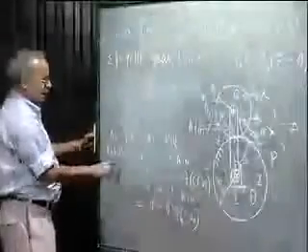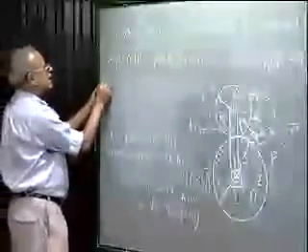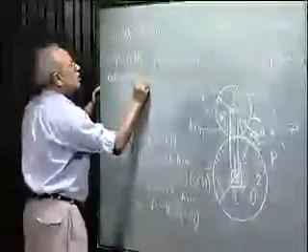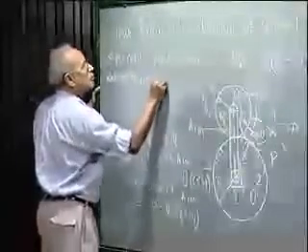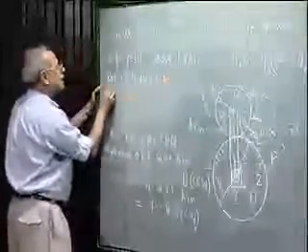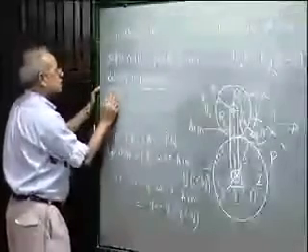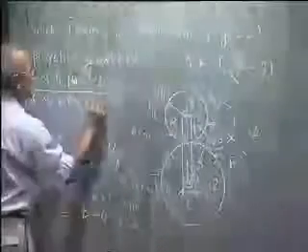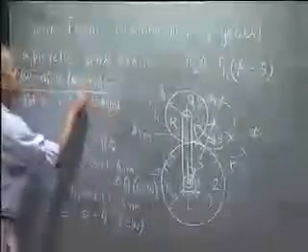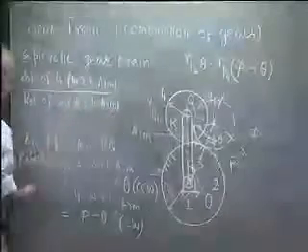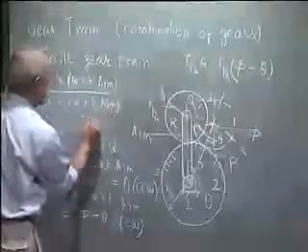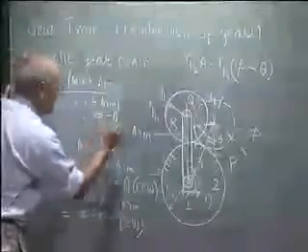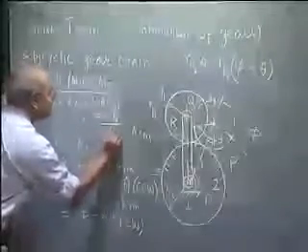So if I divide this by this, I consider rotation of 4 with respect to arm and rotation of 2 again with respect to arm. If I take the ratio of these relative rotations, we get phi minus theta, which is in the clockwise direction, divided by theta, which is in the counterclockwise direction.